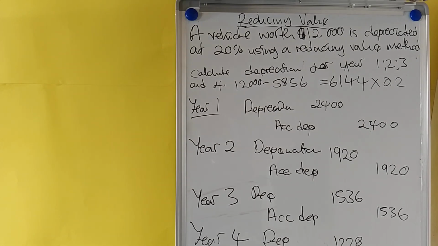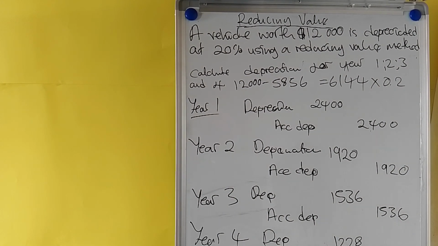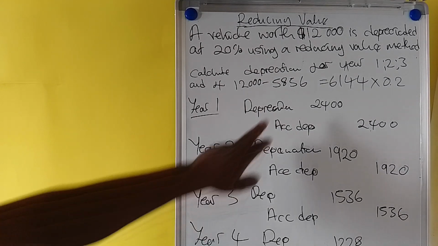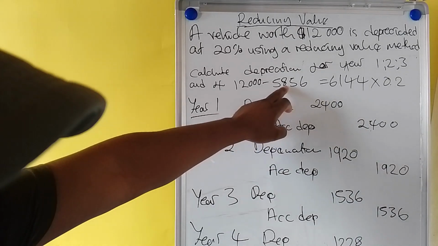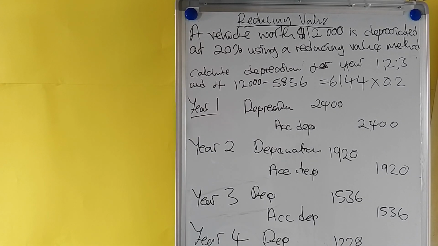Let's take our figures. Our total accumulated depreciation at year 4 will be 5,856 plus 1,228, which gives a total accumulated depreciation of 7,084.